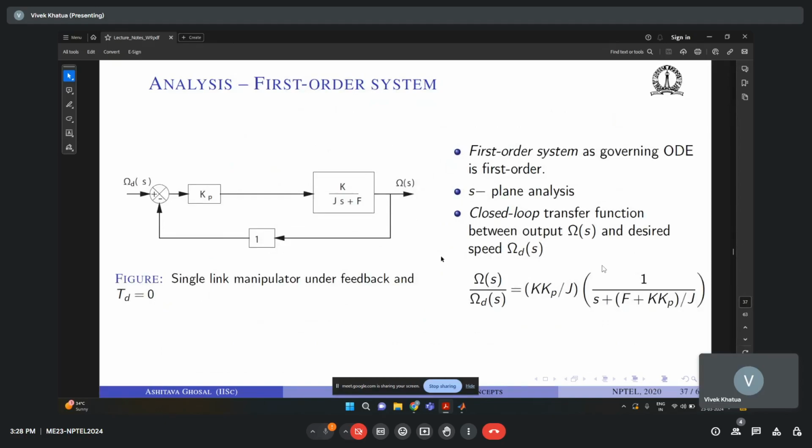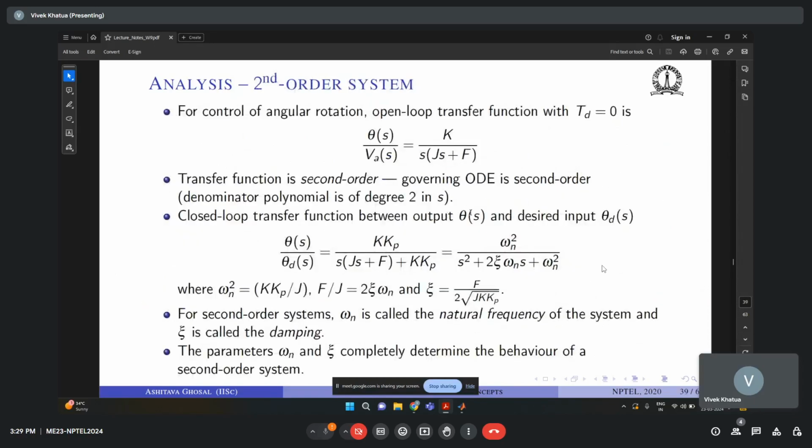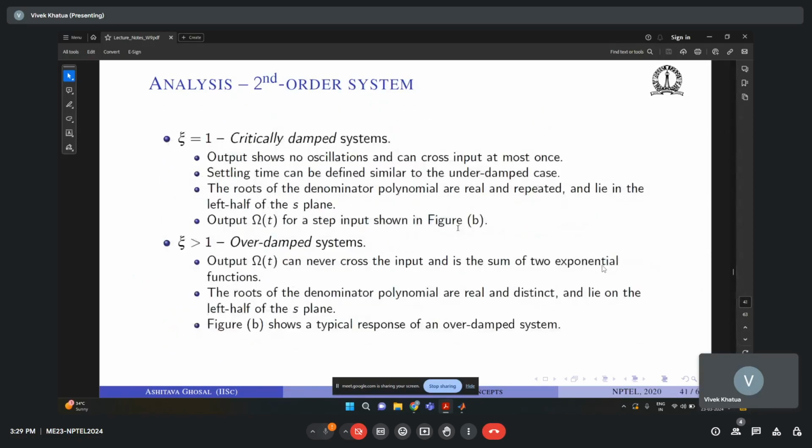Come back to this. So this is your first order system. In your first order system, you generally have k divided by j s plus f. For your second order system, you have 1 by s, an additional factor that comes in your transfer function. So here you can go through this, but I'll skip this and go to the second order system.